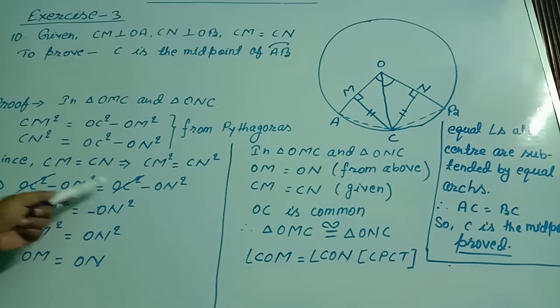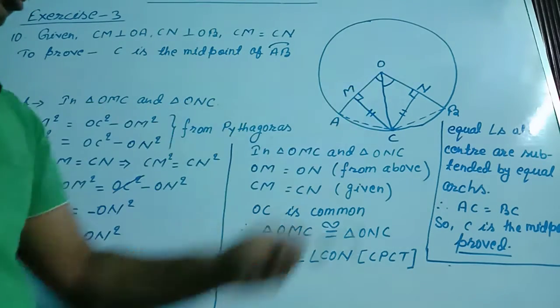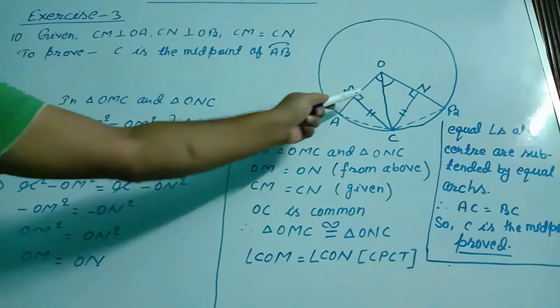OC square cancelled, minus cancelled, OM square equal to ON square. If you do square root both sides, then OM equal to ON. So at first we proved OM equal to ON using Pythagoras theorem in these two triangles.